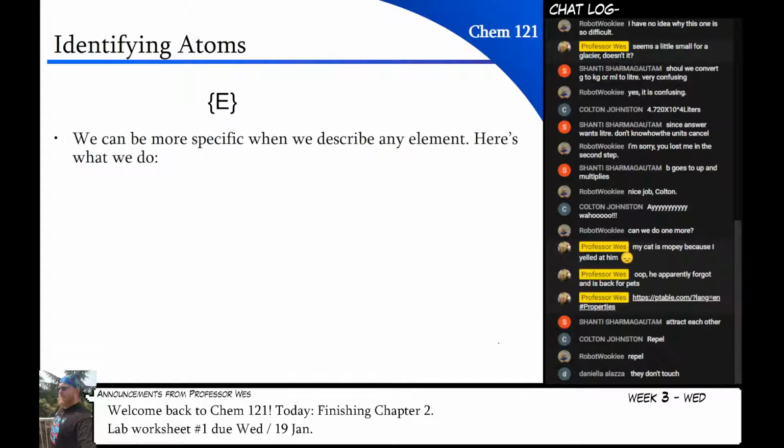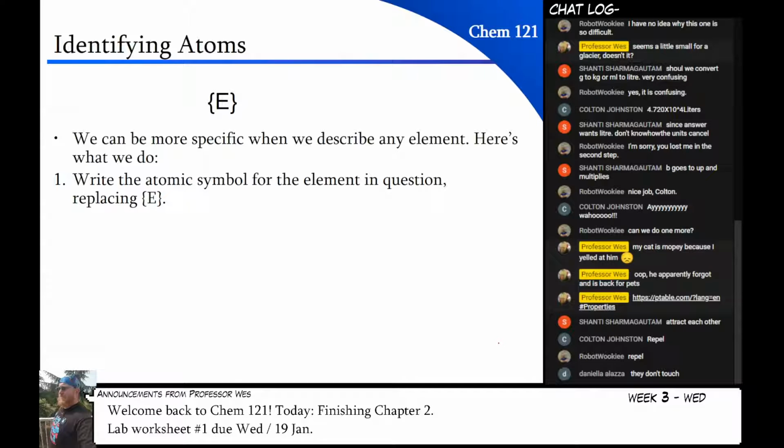All right. Let's do an exercise to describe elements in more detail using a symbol. We're going to use these symbols with numbers to identify specifically what atoms we are looking at so that we can convey that information to other people, for example, your boss, or your lab partner, or me. So here's what we do. I have written on the screen curly brackets E. We're going to replace curly brackets E with the symbol of the element that we're interested in.